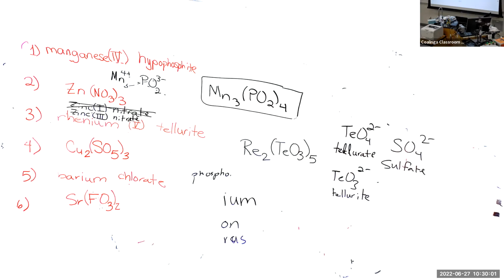Everything after phosphorus, anything below it, is going to behave like phosphorus. On your polyatomic ion table, you have chromate.